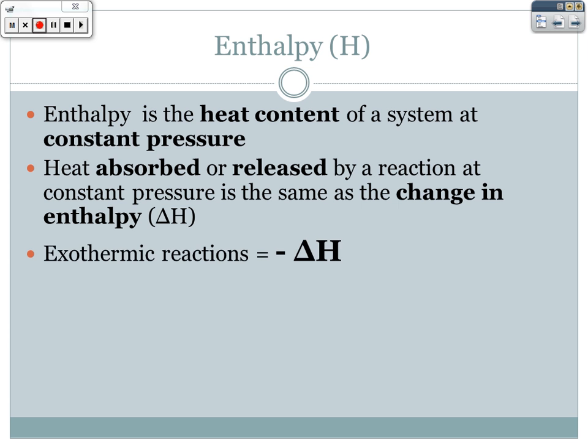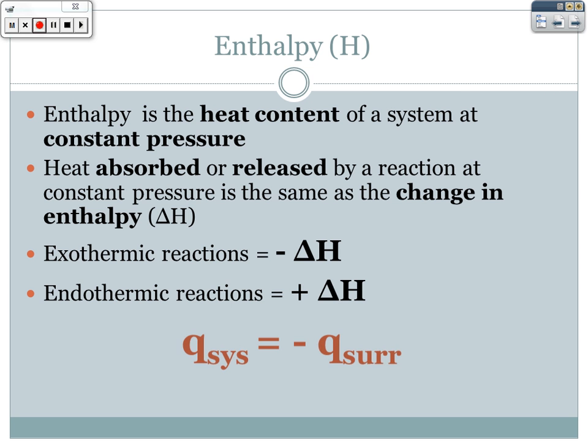So we're going to always be looking at the enthalpy, the heat absorbed or released, and that equals the change in enthalpy. Exothermic reactions have a negative change in enthalpy, a negative delta H, because they're releasing heat from the system into the surroundings. And endothermic reactions have a positive delta H because they are absorbing heat from the surroundings into the system. Because the system and the surroundings equal the universe, Q system has to be equal to negative Q surroundings.